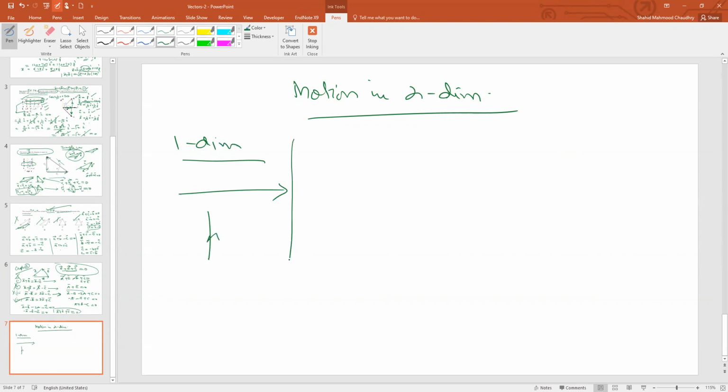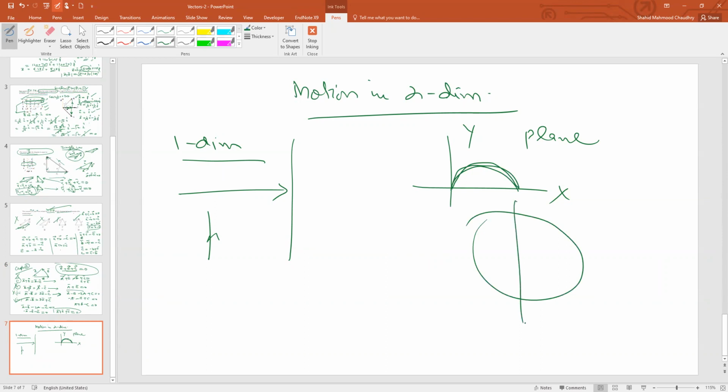So this is called 1 dimensional motion. But in 2 dimensional motion, you will study the XY plane. In the XY plane, the body is moving up, but at some angle like this one.